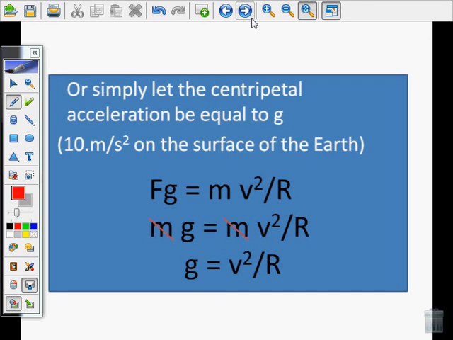See how the m's cancel out? If it's going so slow that v squared over r is less than g, it'll fall. Or simply let the centripetal acceleration be equal to g, which is 10 meters per second squared on the surface of the Earth.